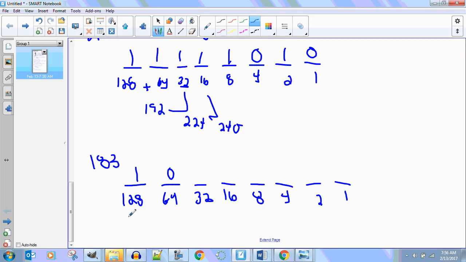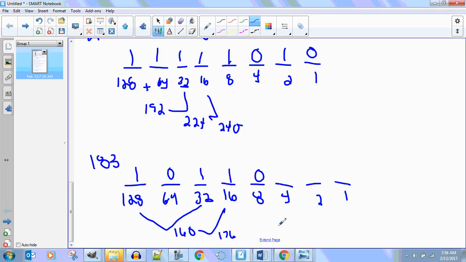Can I add in 32? Yes. So when I add in 32, I get 160. Very good. Can I add in 16? Yes. 176. Can I add in 8? No, that's 184. You cannot do that.